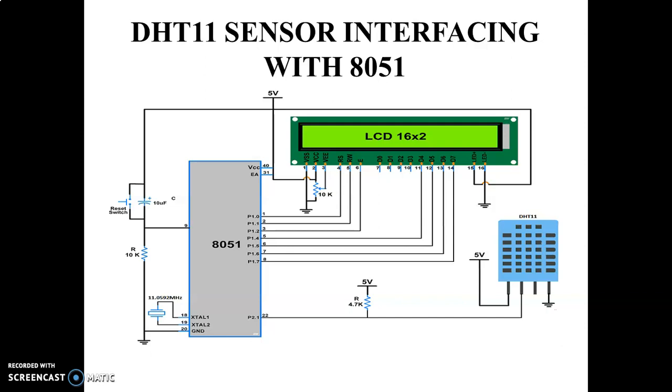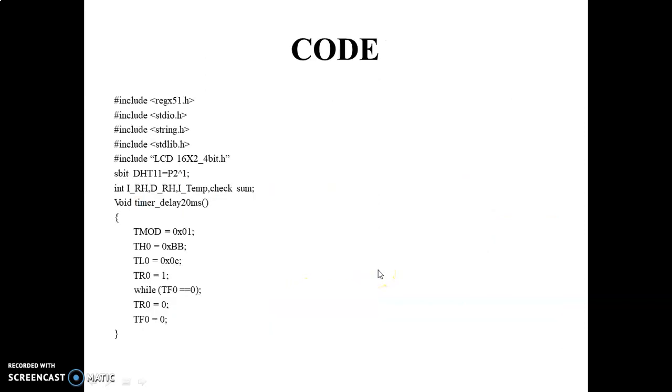Then the DHT11 sensor is connected to port 2 of the microcontroller, as we see in the diagram. Hence the above circuit diagram shows the interfacing of 8051 with the DHT11 sensor. So this is the code.